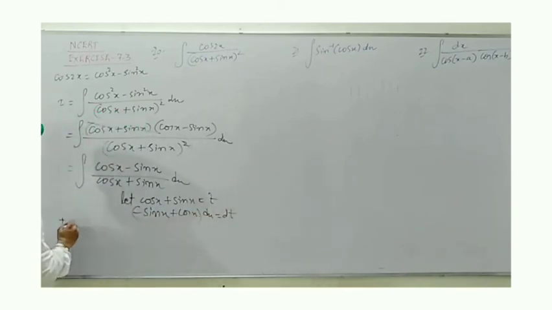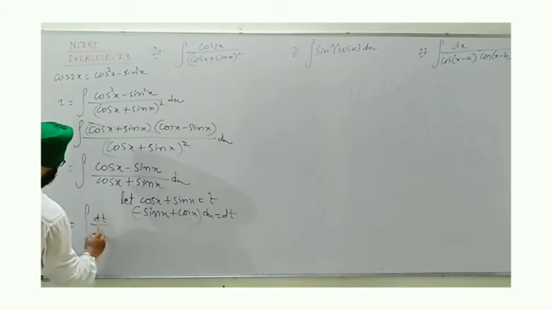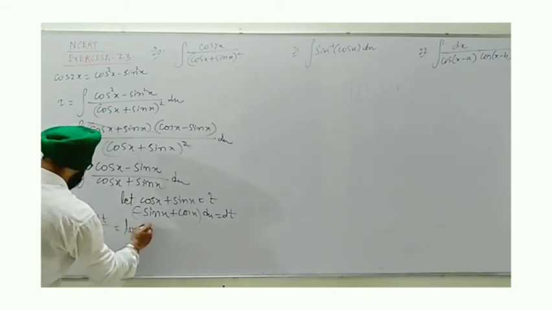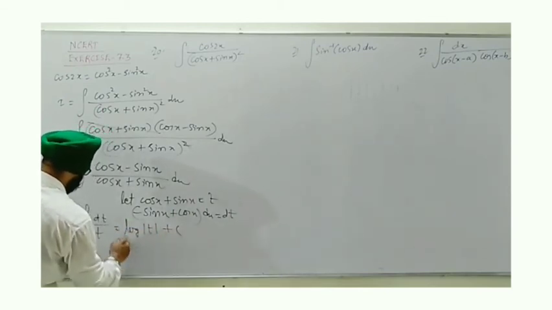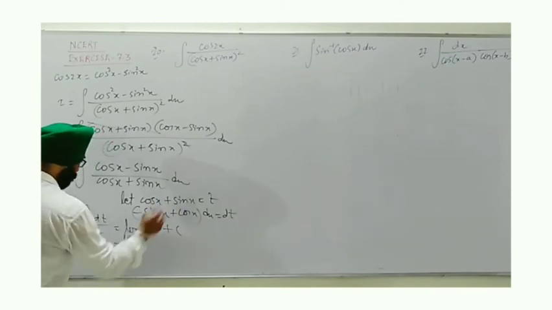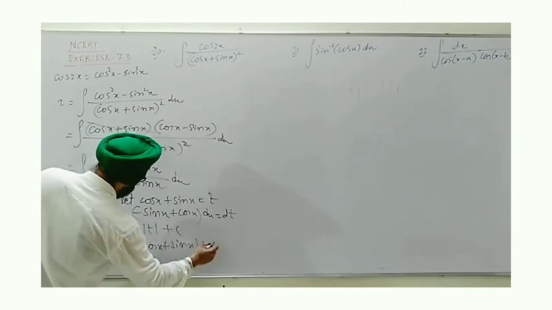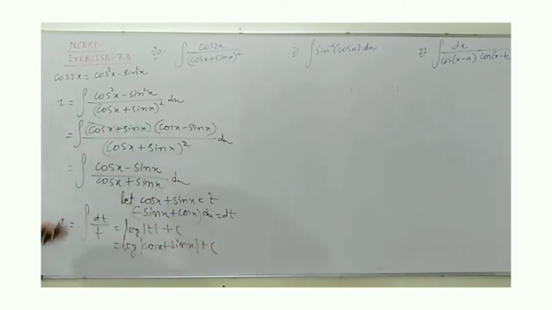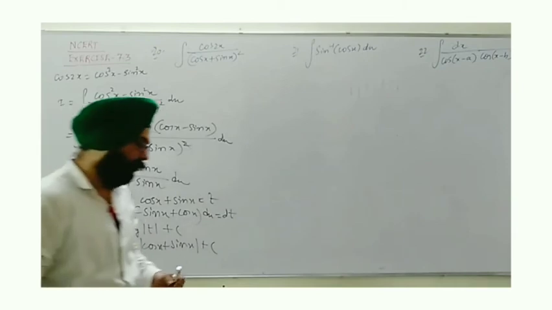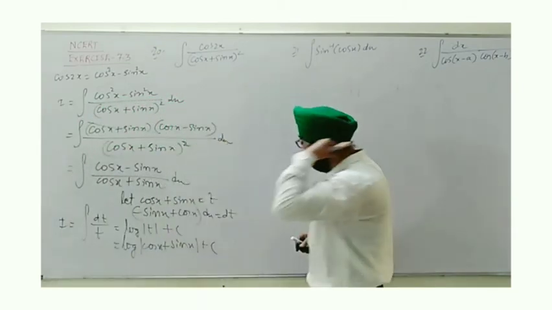So we get I as dt upon t, which comes to log of mod t plus c. Finally we can write t is cos x plus sin x. So whenever you see this pattern, you can use it directly and say log of mod cos x plus sin x plus c. So this way we can solve using the identity of cos 2x.